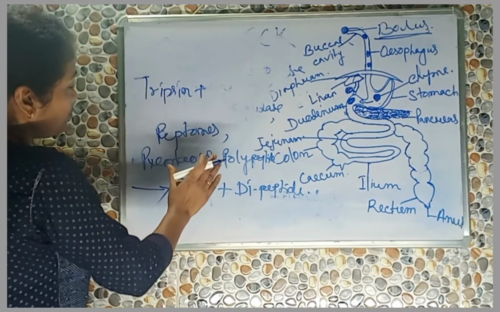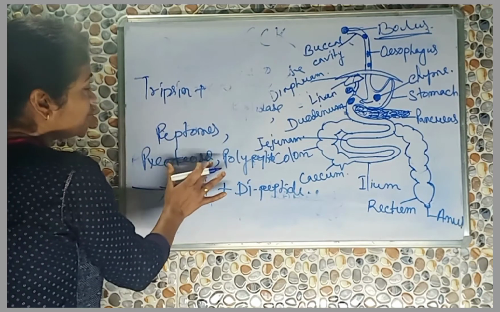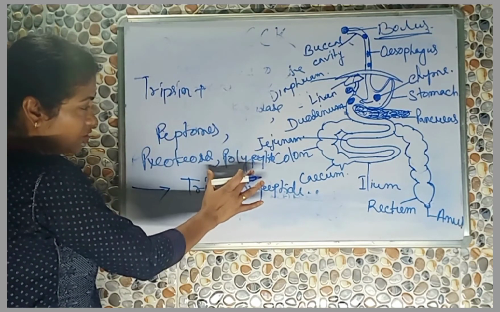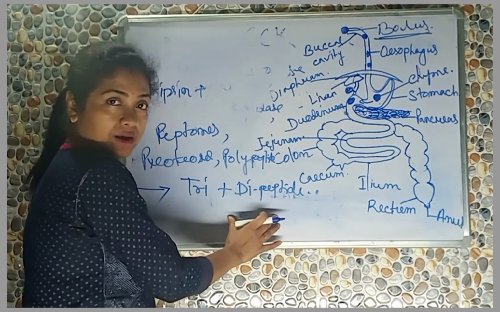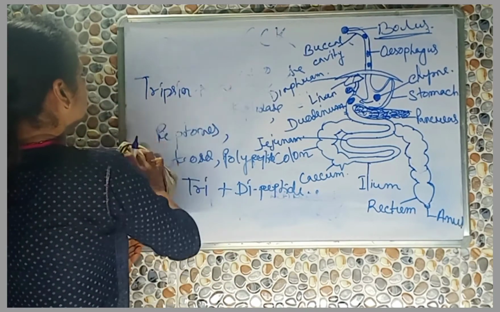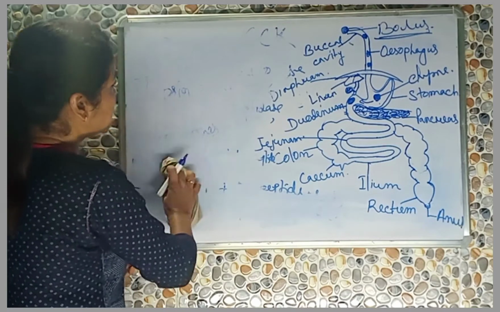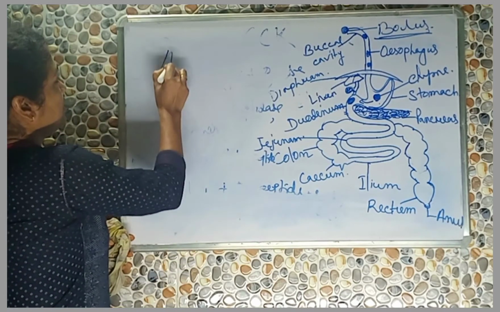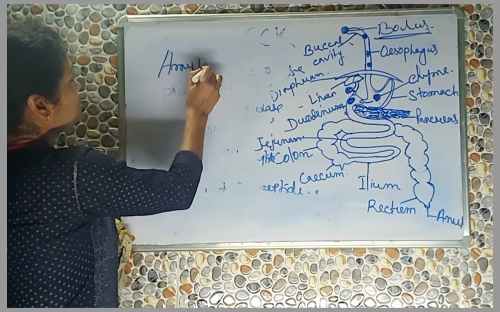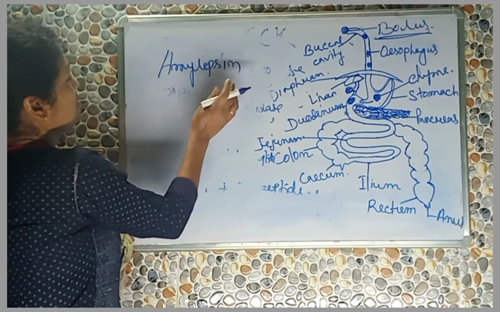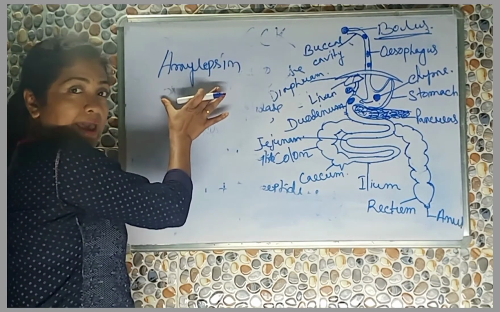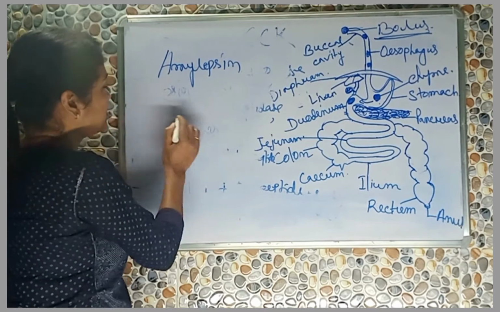So after breaking down of peptones, proteases and polypeptide into tri and dipeptide, now the amylolytic enzyme, which is known as amylopsin, acts on the remaining part of the starch.